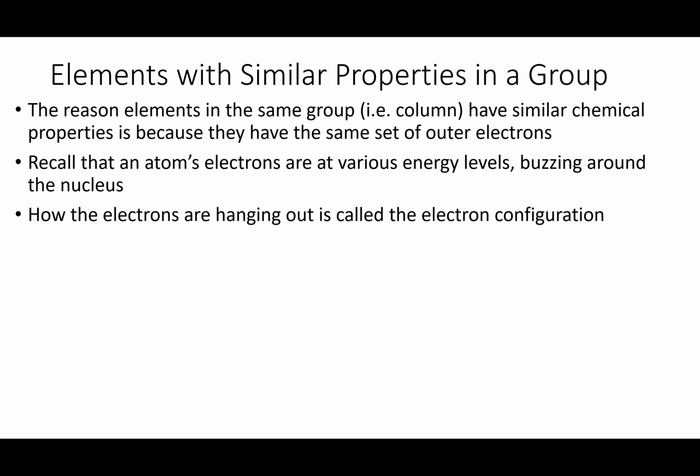It's got 6 protons. I'll make protons pluses. A lot of times it'll have the same number of neutrons, so I'll make neutrons zeros. 4, 5, 6. Okay, that's the nucleus of my carbon atom. If it's neutral, how many electrons does it have? 6. It has 6.